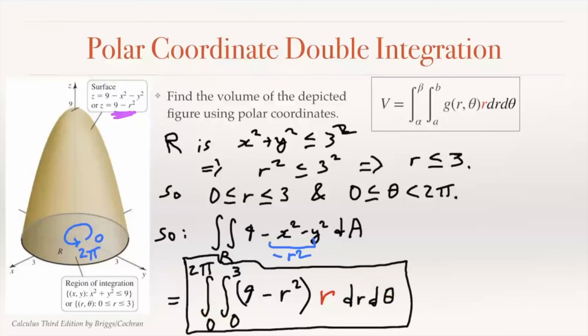Okay, and contrast with what it would be if we had tried to do it in Cartesian coordinates. We would have bounds, as at the end of the previous lecture, of negative square root of 1 minus x squared, positive square root of 1 minus x squared up here, and it would not be fun. But this is very elegant. It's just constant bound integral of a polynomial, and not bad at all.